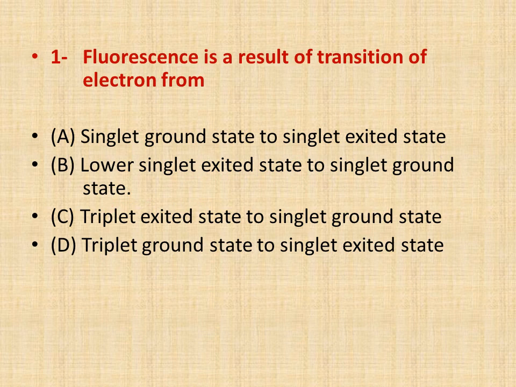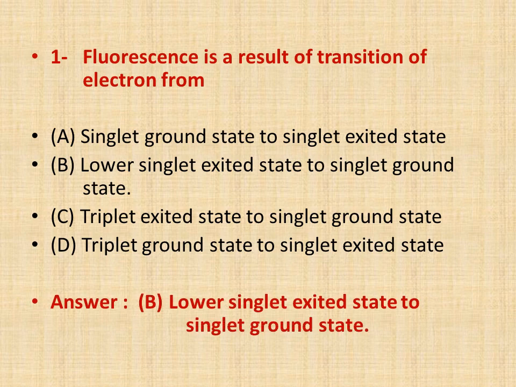Option C is from triplet excited state to singlet ground state, and option D is from triplet ground state to singlet excited state. So let's see what is the right answer. The right answer is option B, that is, fluorescence occurs as a result of transition from lower singlet excited state to singlet ground state.